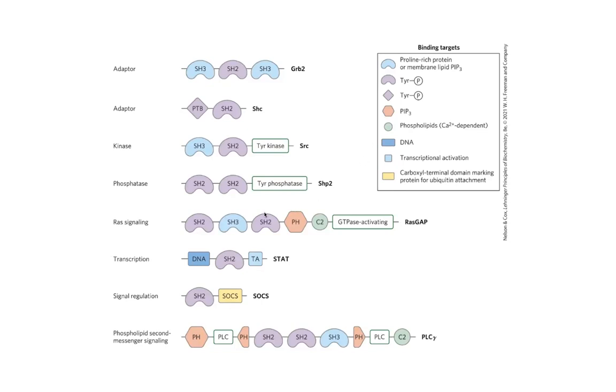And so by having all of these different domains and all of these sites, you're then able to build places where these proteins can interact with one another in specific ways that are going to be mediated by phosphorylation.